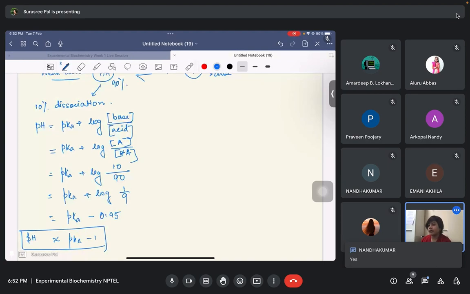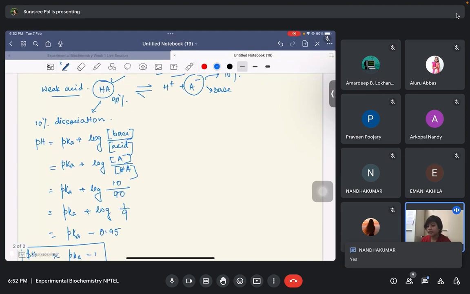Okay, all right. So now we are considering the next situation, which is 90% dissociation. So if there is 90% dissociation, of course the A minus will be 90 and HA will only be 10%, right?